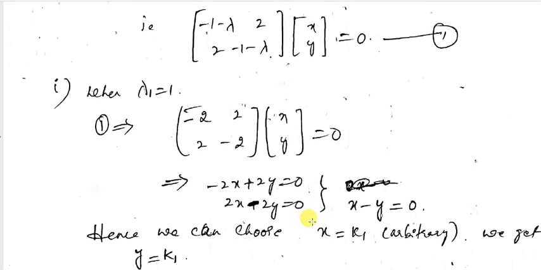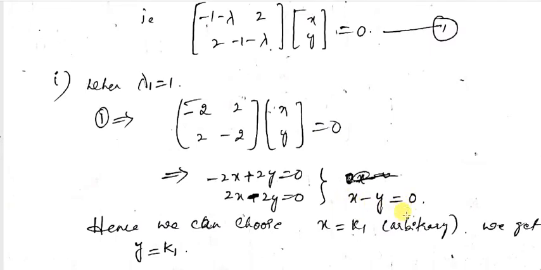This gives the equivalent system of linear equations as minus 2x plus 2y is equal to 0, 2x minus 2y is equal to 0. So these two equations yield a single equation, that is x minus y is equal to 0.